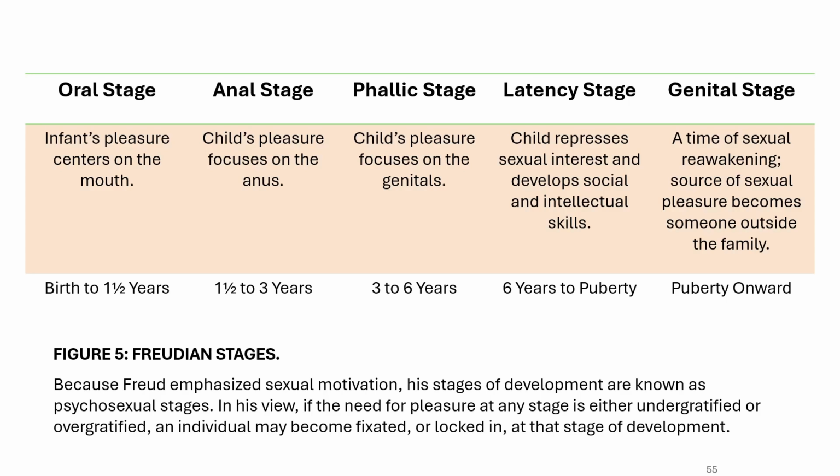So let's look at this from a modern perspective. When we consider his 5 stages of development, the main input or interaction that infants have between birth and 1.5 years is about nutrition.